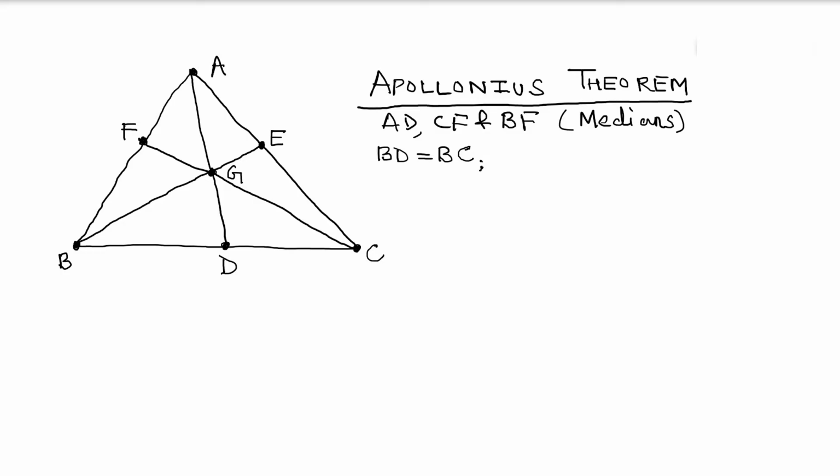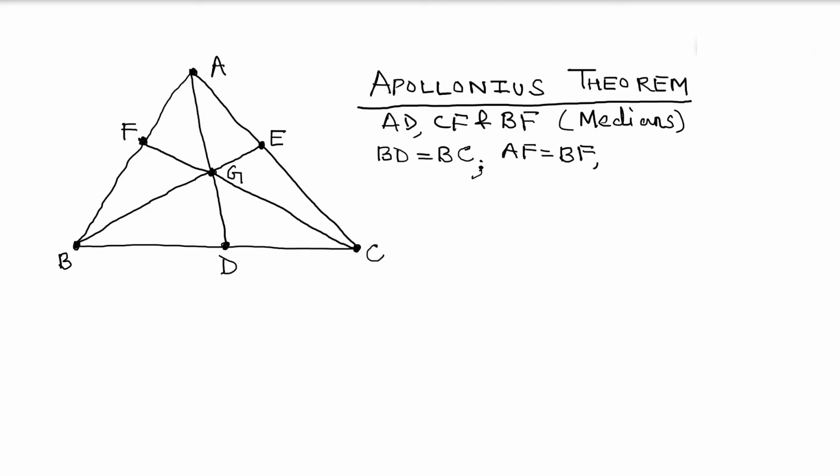Okay, so if CF is the median, in that case AF needs to be equal to BF, and if AF is equal to BF, then CF is the median.